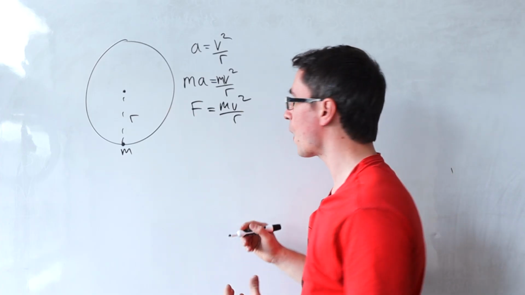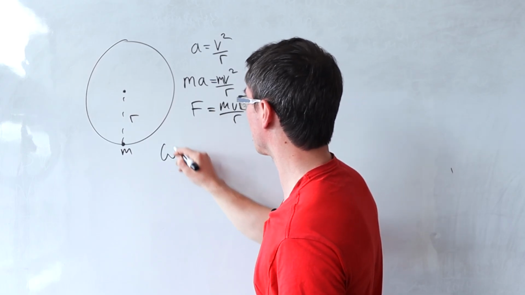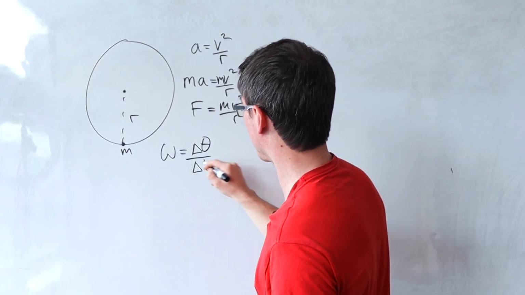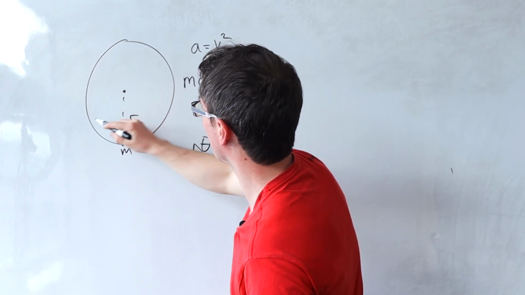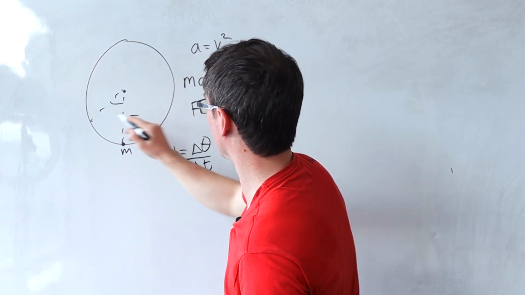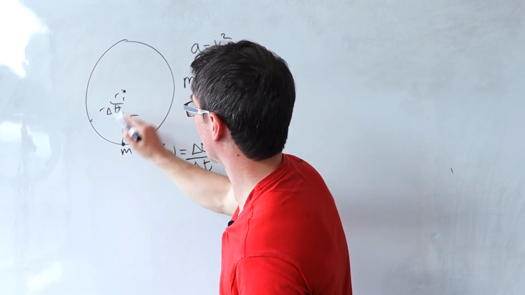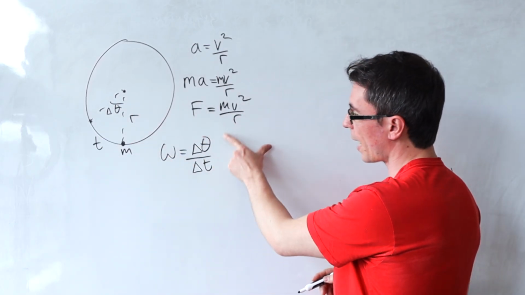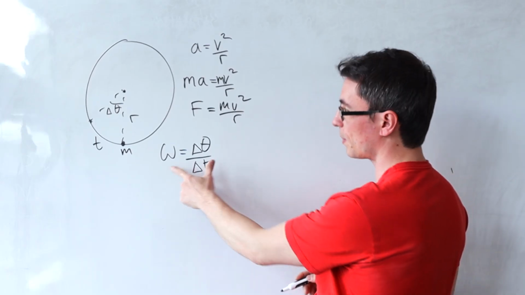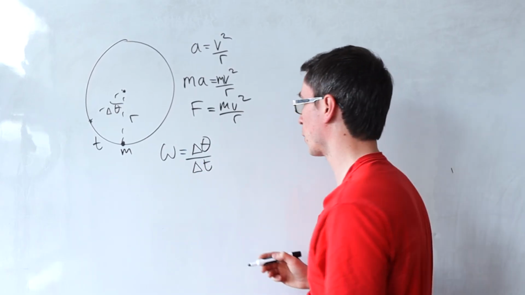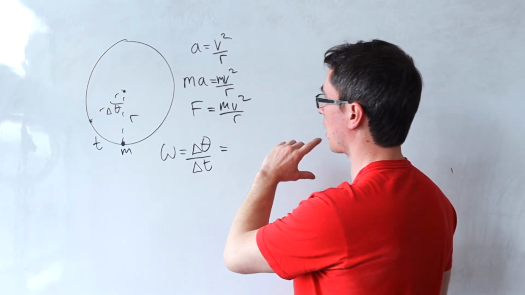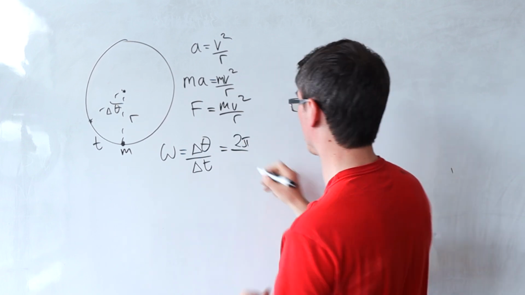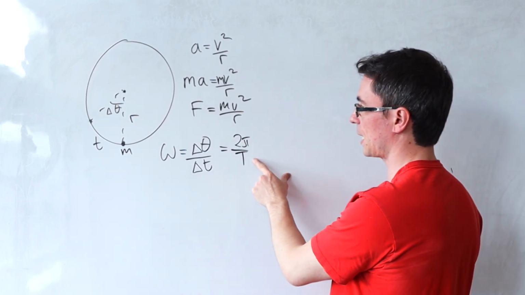We can also define the angular velocity omega as the amount of angle that this thing travels, let's say it travels an angle of delta theta in some time t. So the rate of change of angular displacement is our angular velocity. If the angle is 1 full revolution, this will be 2 pi, which corresponds to 1 time period t.